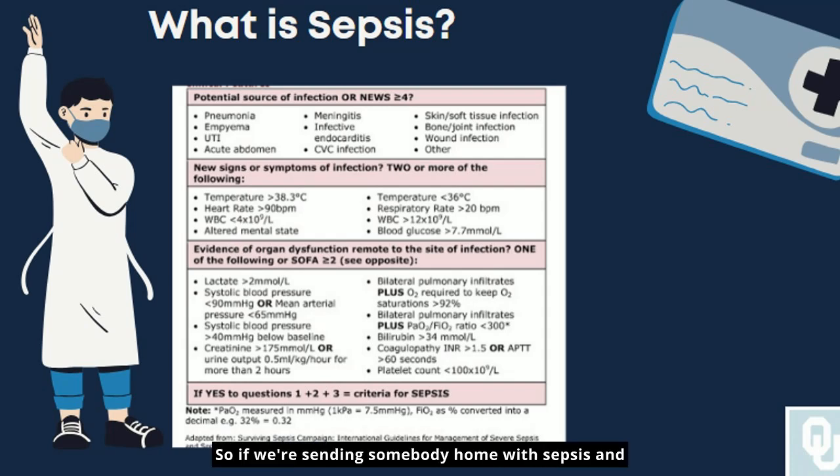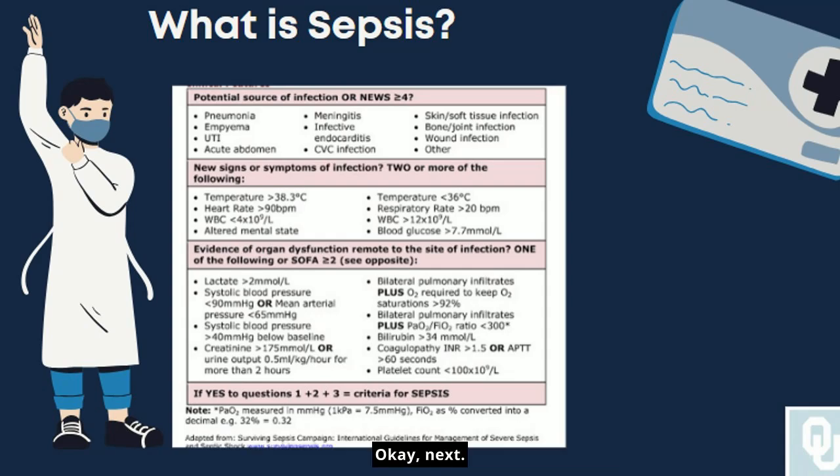So if we're sending somebody home with sepsis and we know that there's an increased risk of repeat sepsis, and we don't tell them what to do, or how even to recognize if it's coming back, then we haven't really taught them. We're not making them an actor in their team. And then there are the things that can cause organ dysfunction, which leads to death.